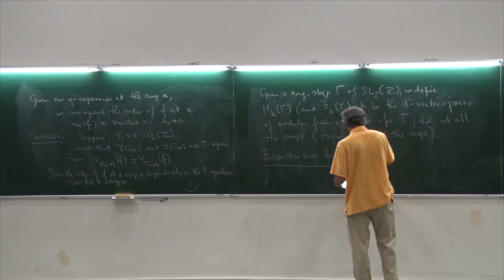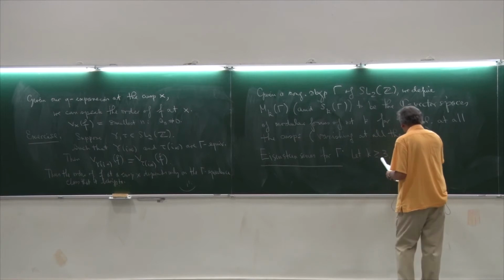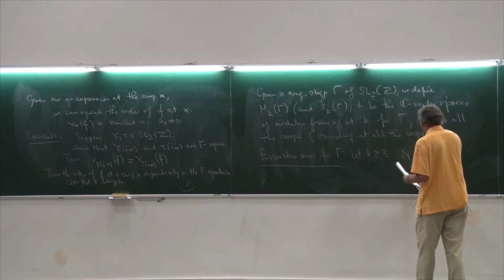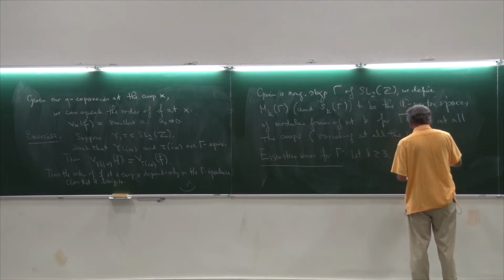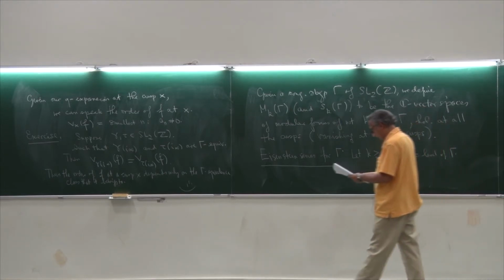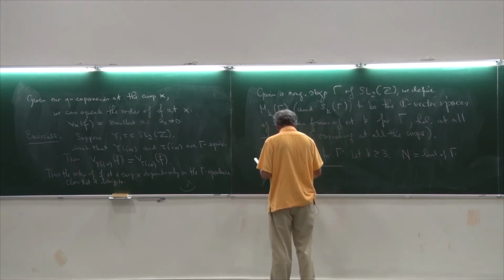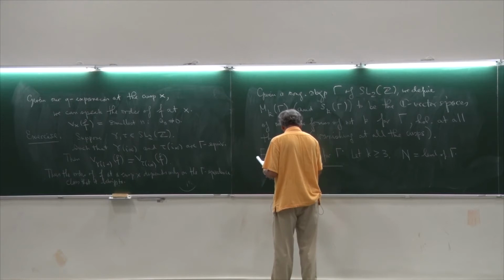So let k be bigger than or equal to 3, and n the level of gamma. Let g be an element in (Z mod NZ) squared.